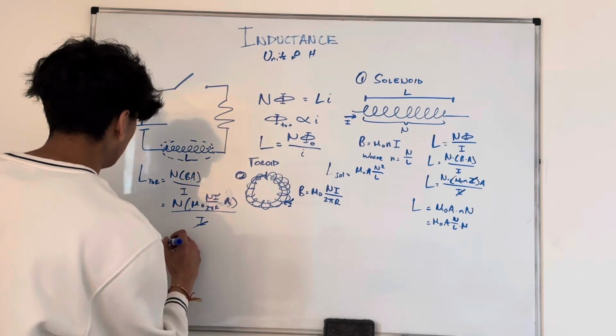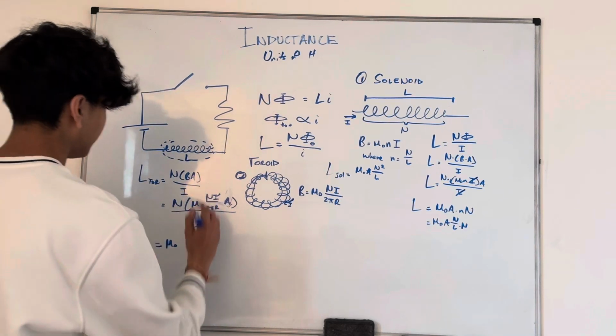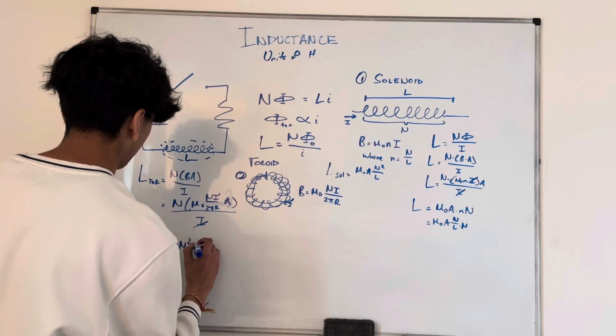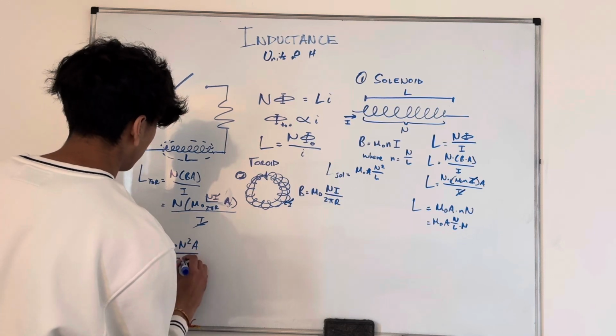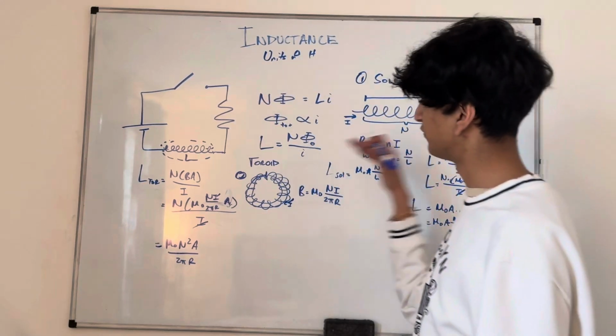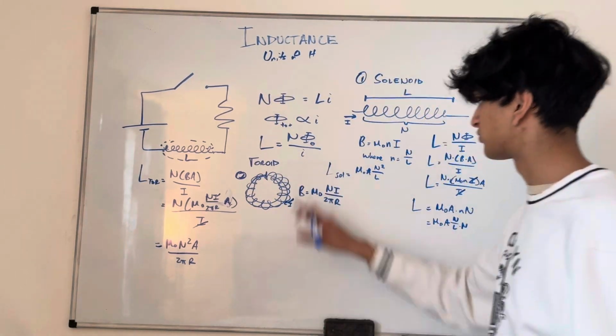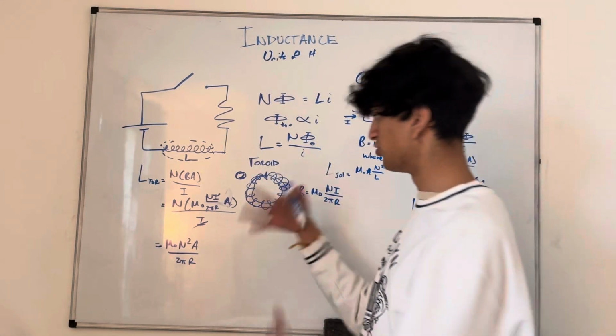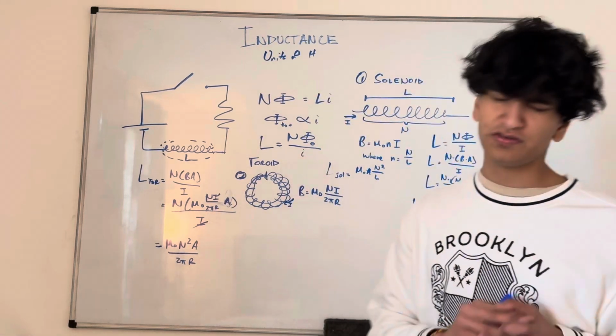So really I get mu naught times N squared times the area over 2 pi R. Once again, these are all physical properties: the number of turns, the cross-sectional area, the radius.